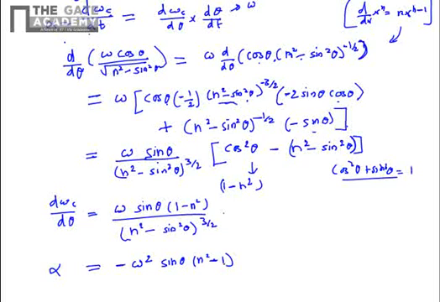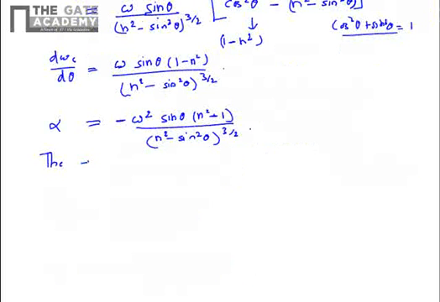That's why we are taking n on this side and we are inverting it, multiplying by minus 1 and taking the minus 1 outside. So this quantity will become positive, and the absolute value you can get is n square minus sine square theta to the power 3 by 2.